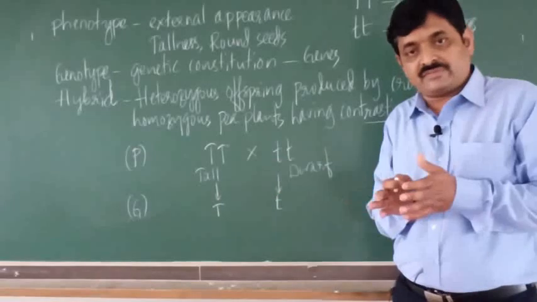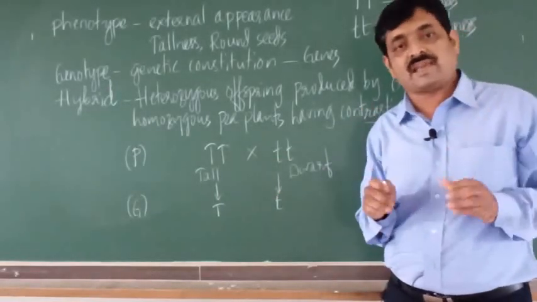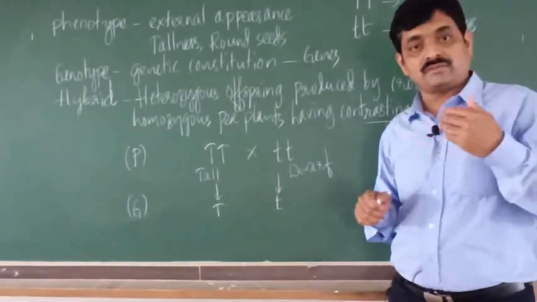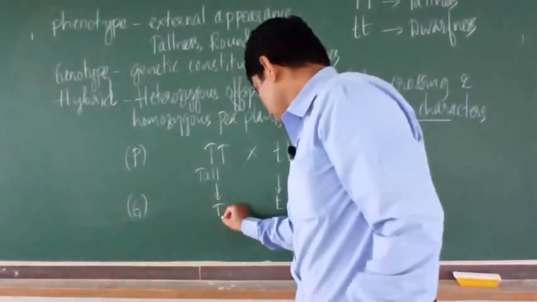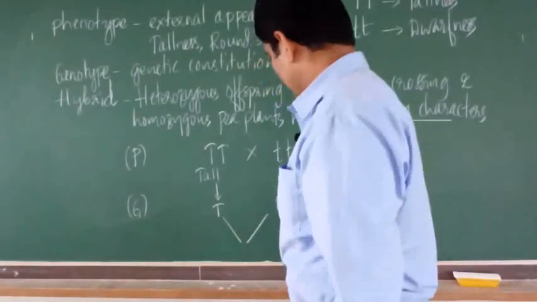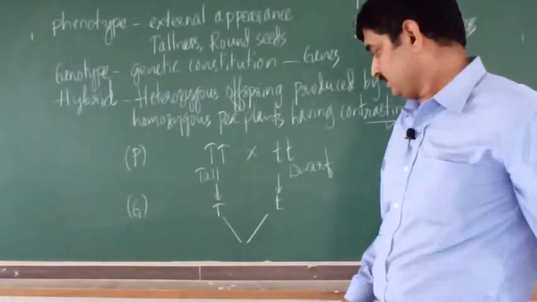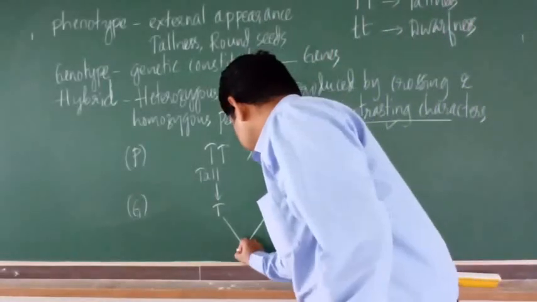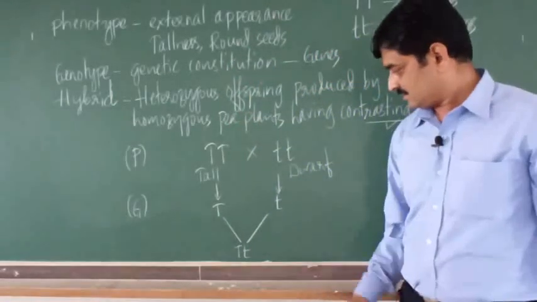So here gametes are fused. Right? What is the fusion of gametes called? The fusion of gametes is called fertilization. So here fertilization takes place. Both gametes fuse and we obtain the offspring. Right? So now we get something like this.